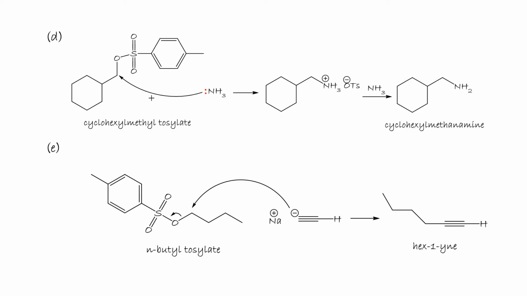Cyclohexylmethyl tosylate with ammonia will react again here as a nucleophile, kicking this out, forming the salt. Then excess ammonia will make our compound a free amine and form the salt.